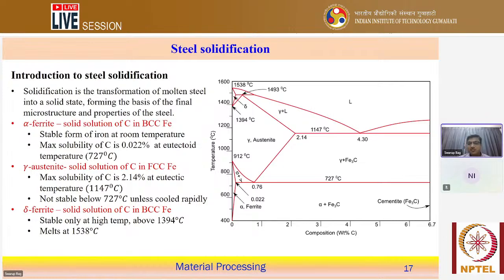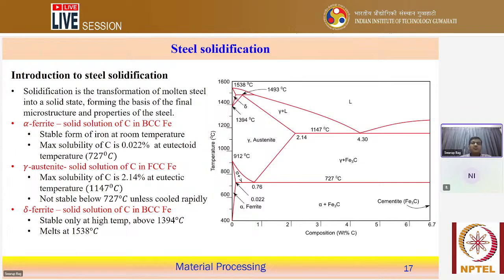So here the crystal structure is different. BCC iron is the room temperature, low temperature phase, alpha ferrite, and FCC iron is the high temperature phase, that is the austenitic structure. The maximum solubility of carbon occurs around 1147 degrees centigrade.